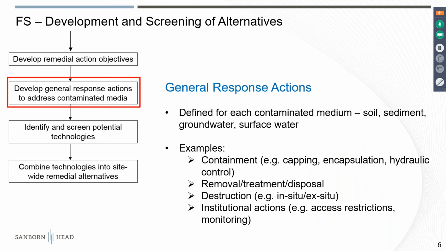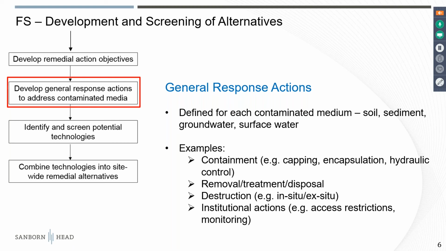So in the EPA world, general response actions are kind of broad categories of how to address contaminated media. And the typical big four contaminated media we might be dealing with at a site are soil, sediment, groundwater, and surface water.